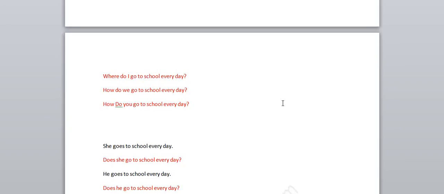Suppose it is used in clauses and conditions. When there is a future tense in the main clause, we must write simple present tense in the subordinate clause. I will take one example. If you come regularly, you will understand the lessons. It is in future tense.